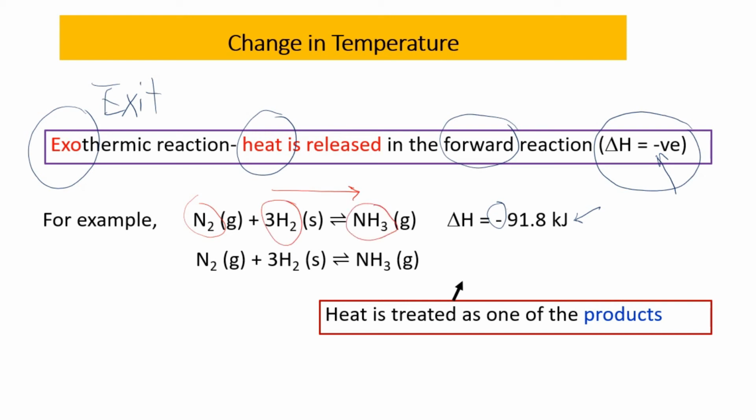When they produce the product, which is ammonia, they are also producing heat at the same time, because heat is released into the surroundings in the process of the reaction. So we treat heat as one of the products for an exothermic reaction.